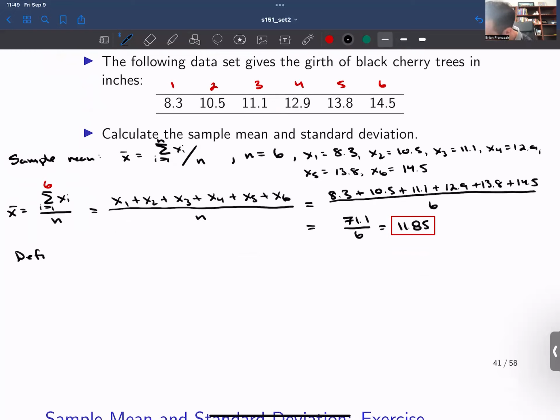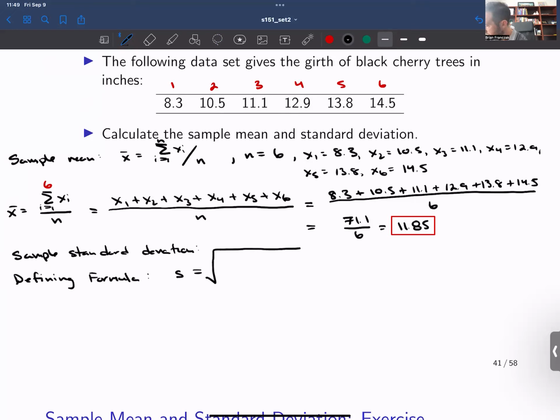If we use the defining formula, our formula for the sample standard deviation is little s equal to the square root of the sum from i equals 1 to n of xi minus x bar squared, divided by n minus 1. So this is the first way that we can compute the sample standard deviation.